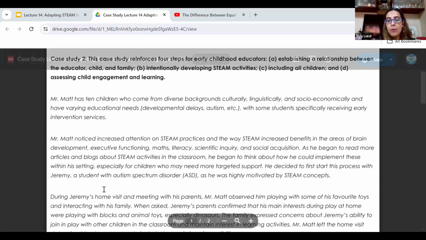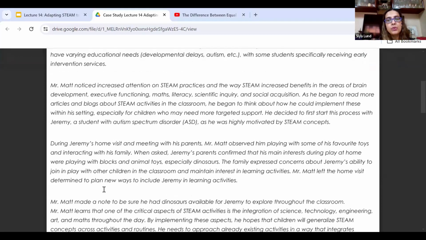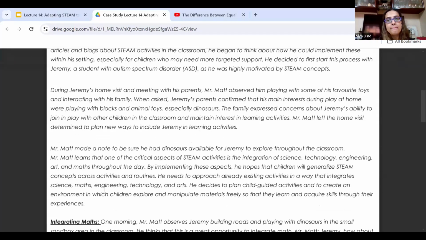Now let's see how he incorporates it into his teaching. During Jeremy's home visit and meeting with his parents, Mr. Matt observed him playing with some of his favorite toys in the house and interacting with his family.